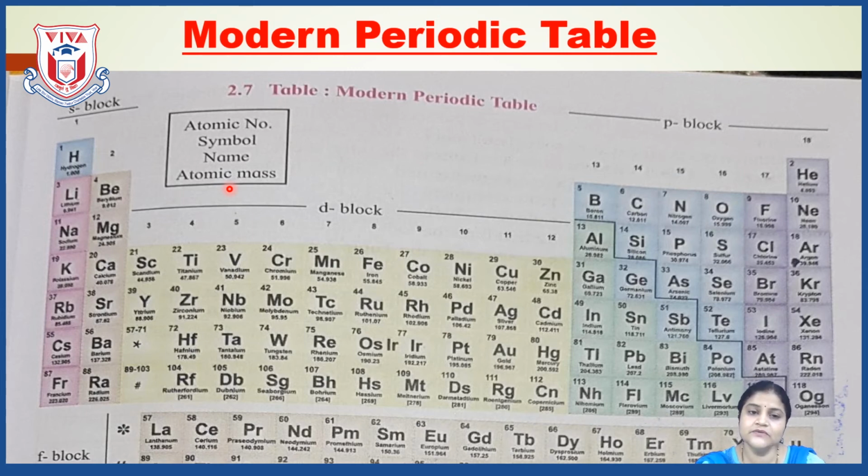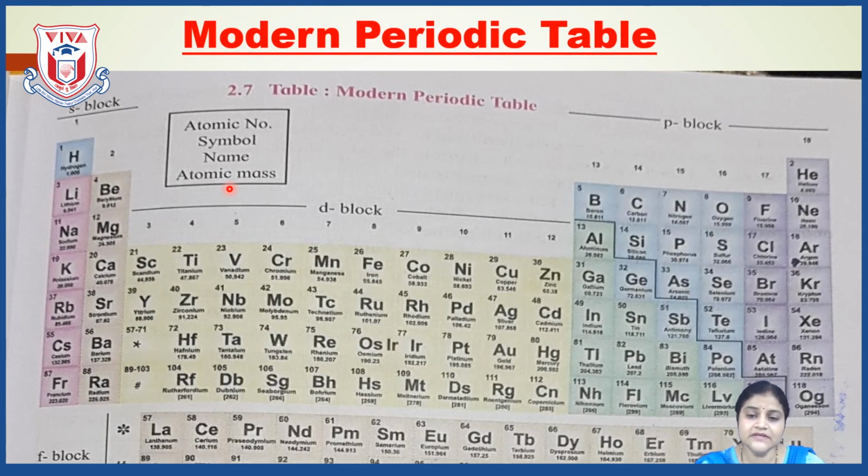He arranged the elements in the order of increasing atomic number. This atomic number was only a serial number in Mendeleev's periodic table, but in the modern periodic table, he arranged the elements on the basis of atomic number.